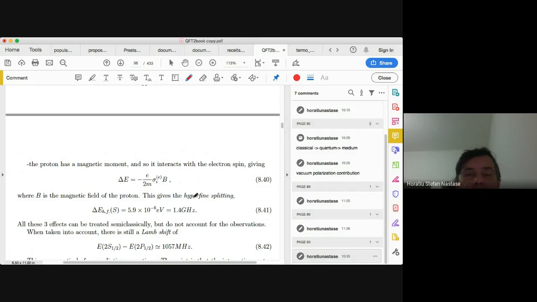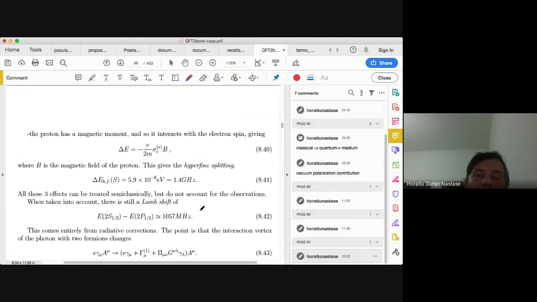This gives the so-called hyperfine splitting. The hyper is because this is a correction due to the nucleus as opposed to a correction due to the electron. And this hyperfine correction gives this amount, 5.9 times 10⁻⁶ eV, or 1.4 gigahertz.